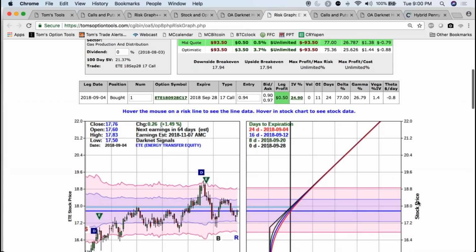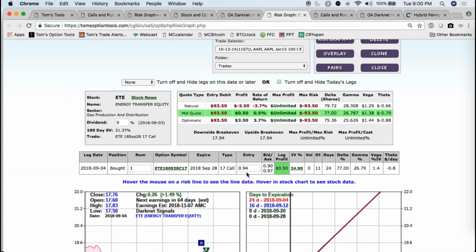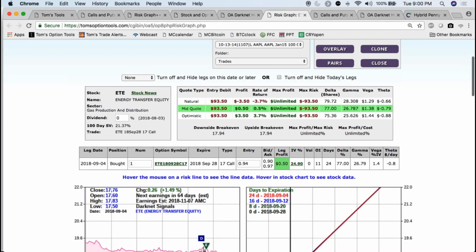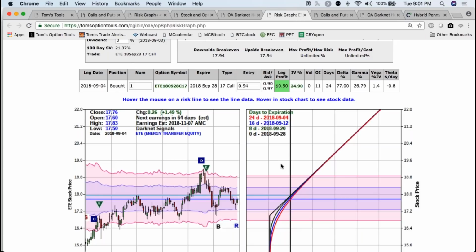The 17 call, I mean, if we get up to 18, obviously, what's going to happen is you get a 17 call for 94 cents, and the stock's closing at 17.76. So it's already most of this is real value. That's good. It would need to get up into the 18.5 area, really closer to 19. It's got to get closer to 19 before you'll see that double occur, but it could do it, right?